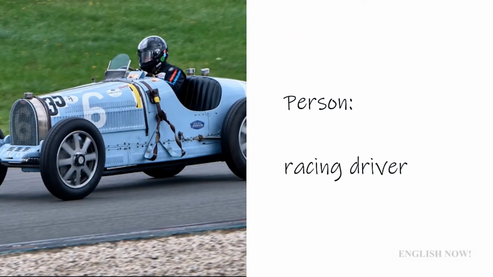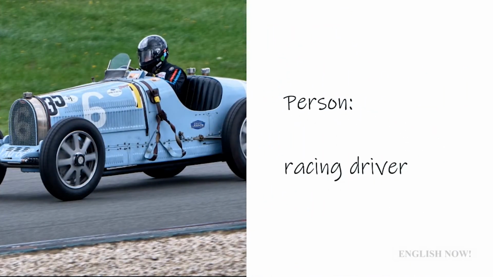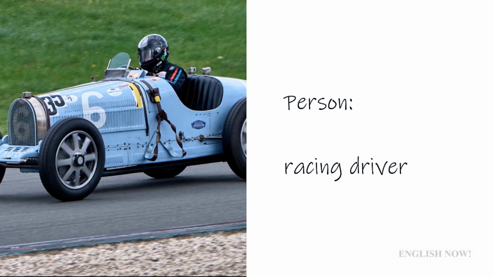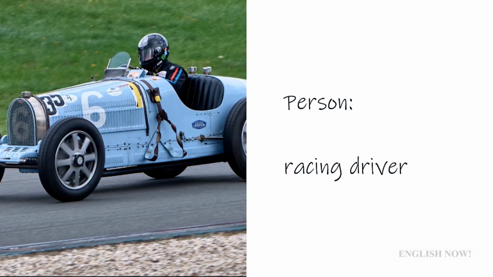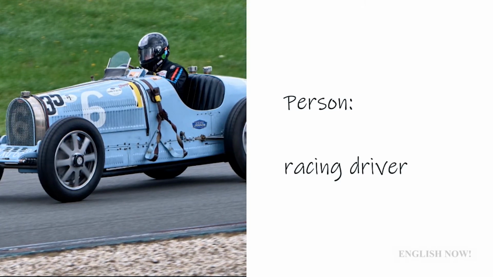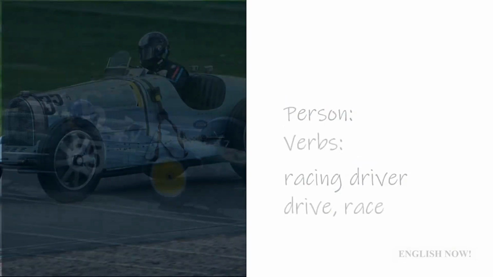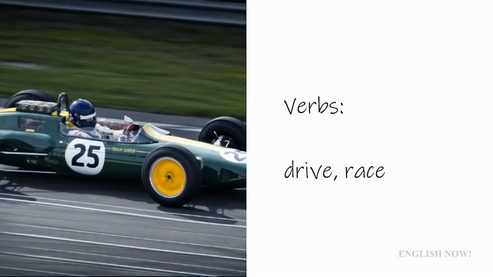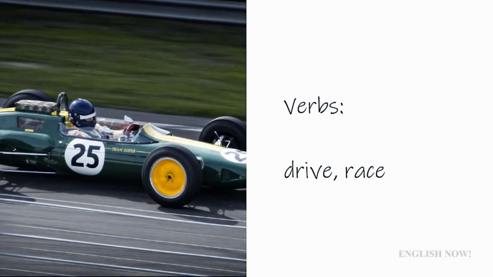Next, we're going to talk about motor racing. The person is a racing driver. A racing driver. Verbs we use in motor racing are drive, drive the car, for example, drive the vehicle, and race.